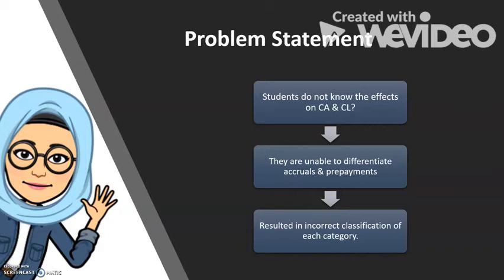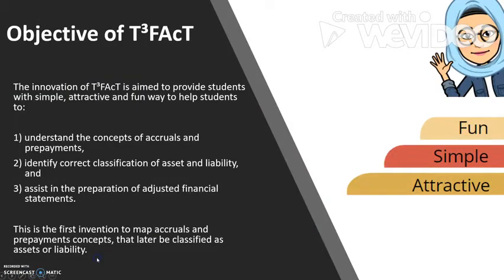The students are unable to differentiate between accrued expenses and accrued revenue, or prepaid expenses and prepaid revenue. Thus, students often fail to classify the accruals and prepayments into the correct category of assets and liabilities.